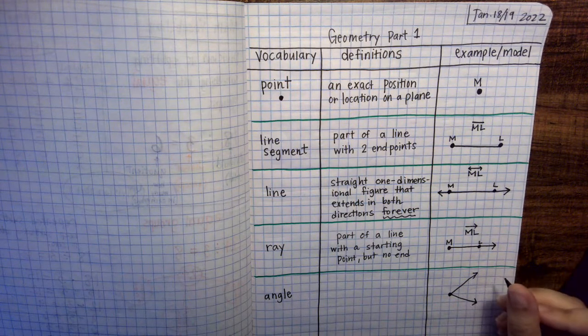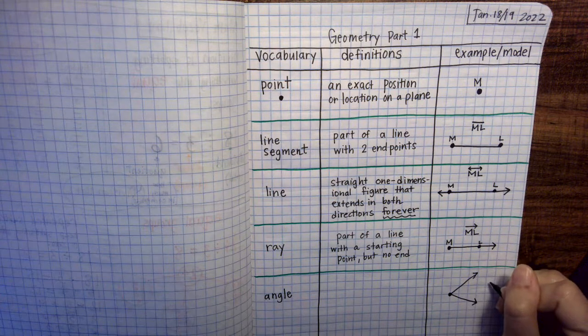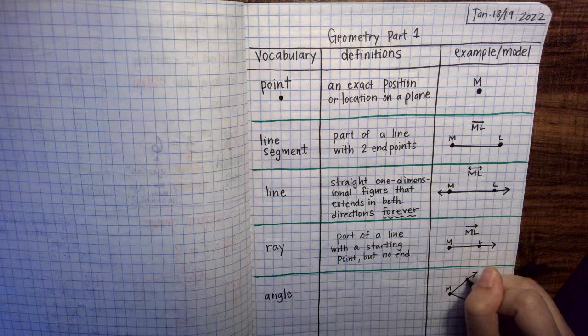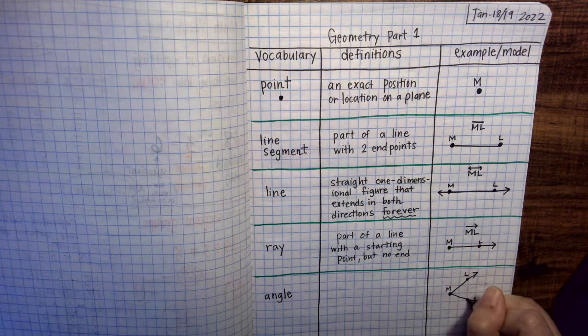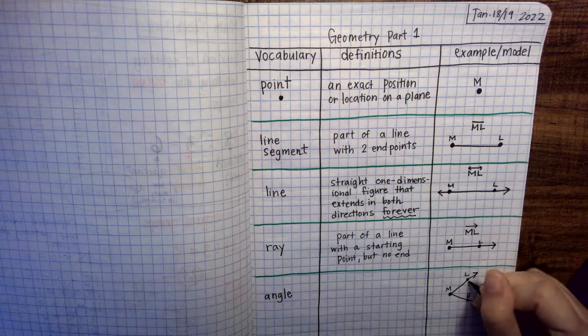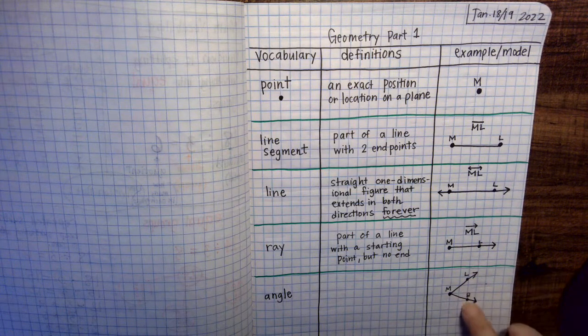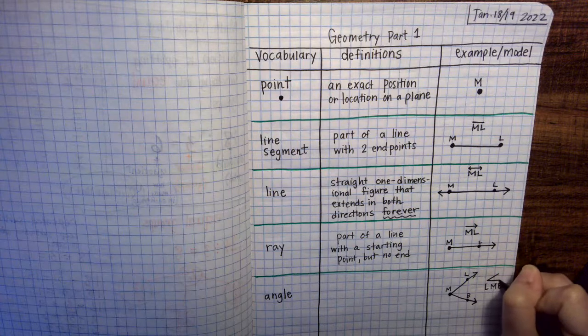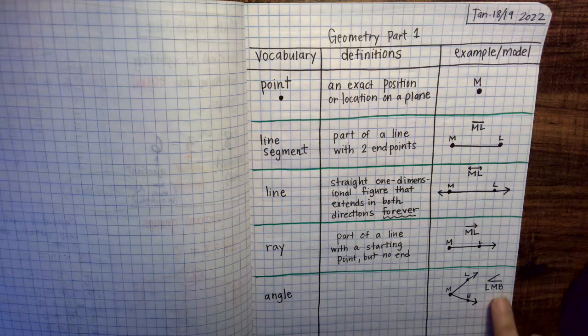And I can just call that, here's the M, here's the L, and let's do that one for my middle name, B. So the angle just looks like this. So that would be calling it angle LBM. That's what you would say when you see that.